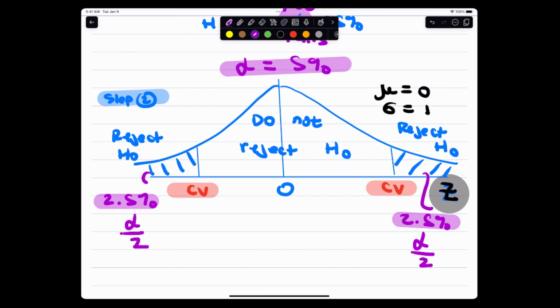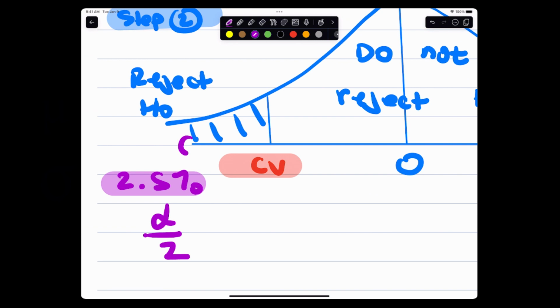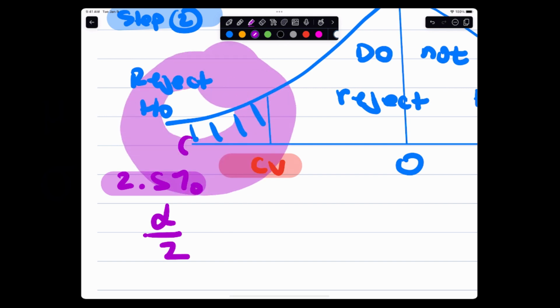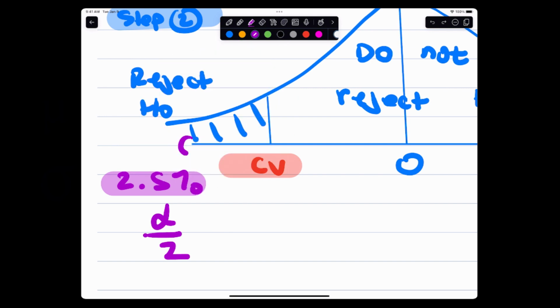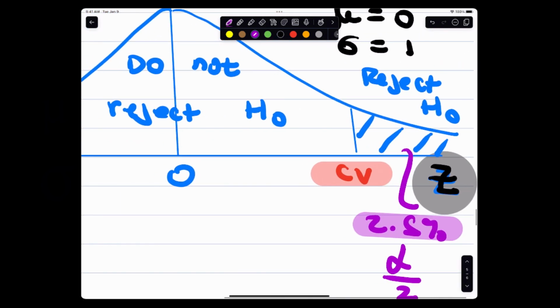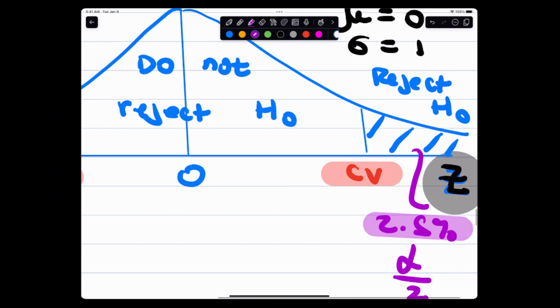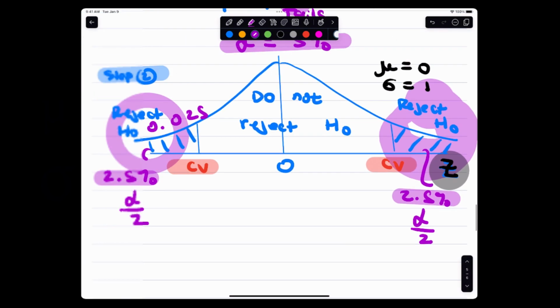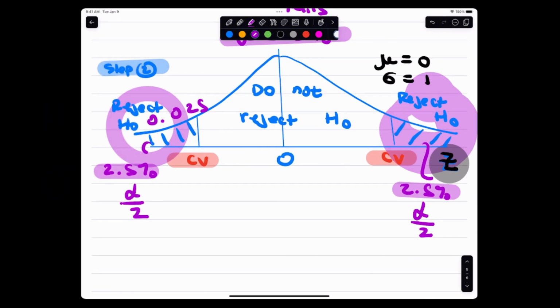Now, the reason I say this is that you already know how to do this. This is 2.5% right over here, 0.025. This is 2.5%. The total is 5. You guys okay with that? 0.025.